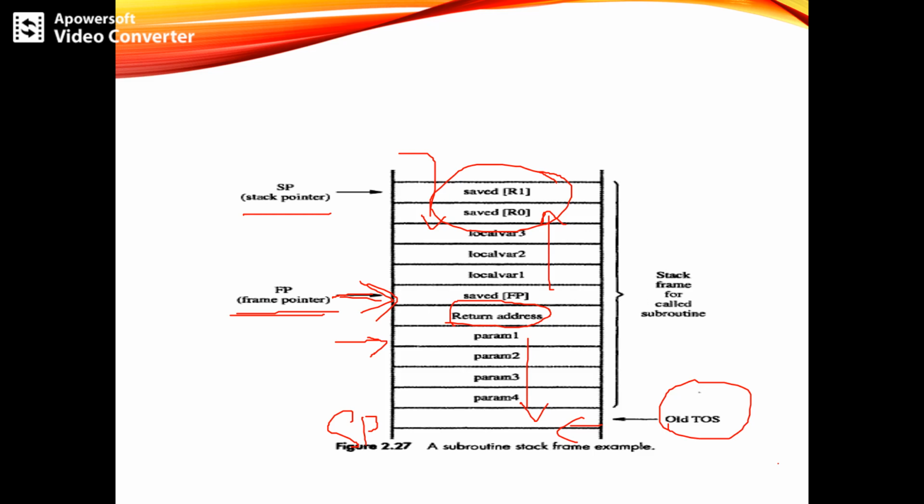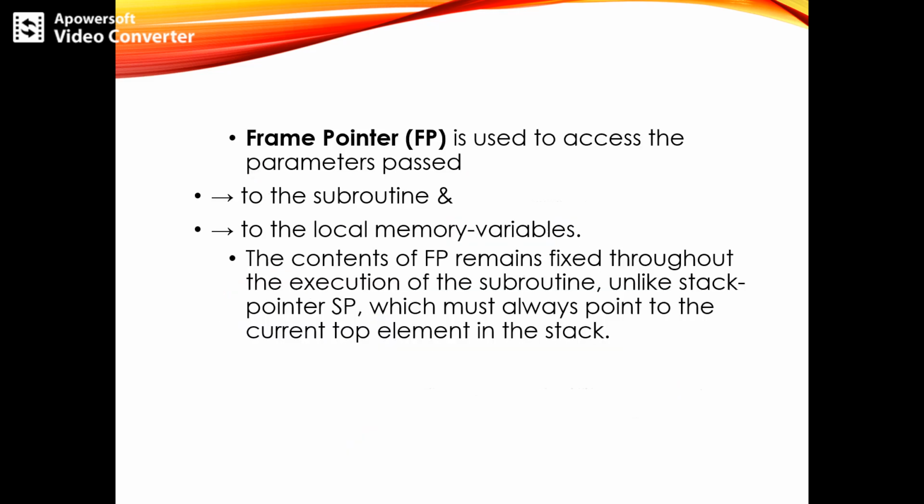So after execution of the entire main program as well as the subroutine, the stack pointer is pointing towards the saved content of R1. Here we can observe that we kept one pointer constant, and we take this as reference while accessing the local variables or parameters from the stack.